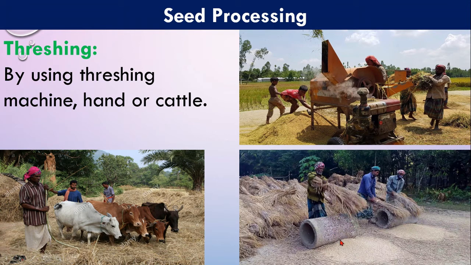This is the local method using the pipe, and this is the local method using cattle for seed threshing. It will remove the seed from the plant very easily.